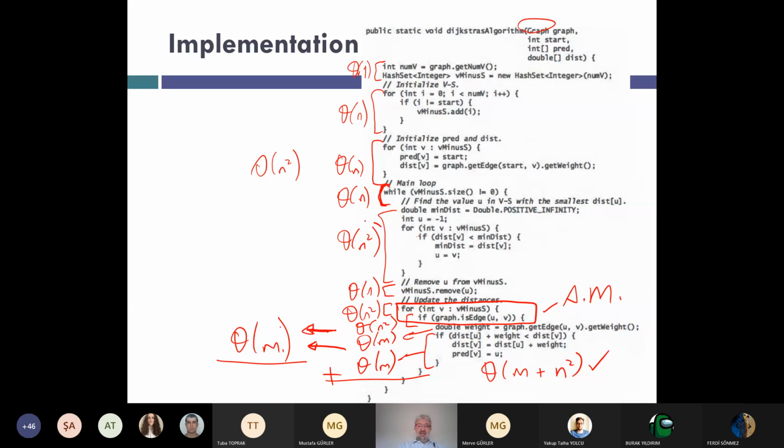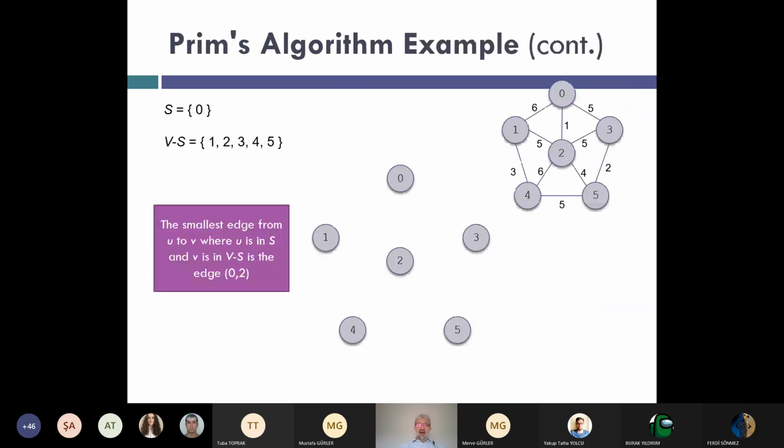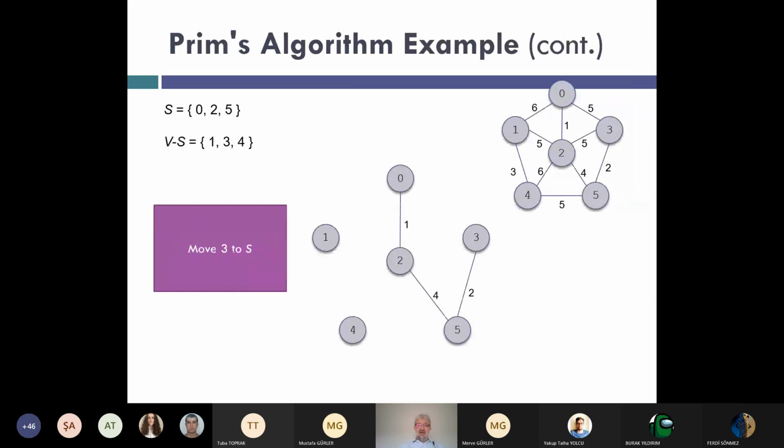So the only place that is theta n squared is here, and this theta n squared can be modified by using a priority queue, as in here.